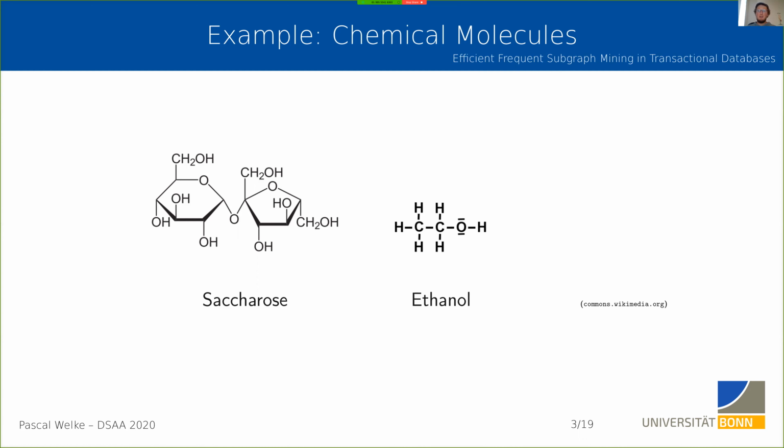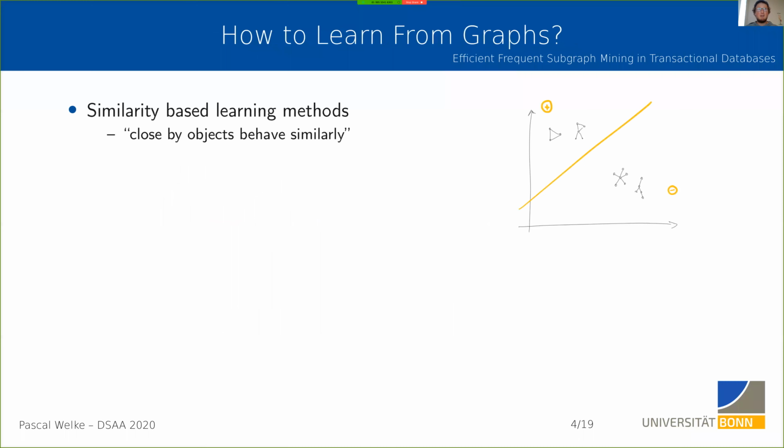So once we have these graphs, it's in our field, of course, directly the next question how we can learn from this data in this form, right? And as I mentioned, graphs and tabular data are somewhat not easy to be moved one into the other. And so we basically have lots of methods that do not directly work on graphs.